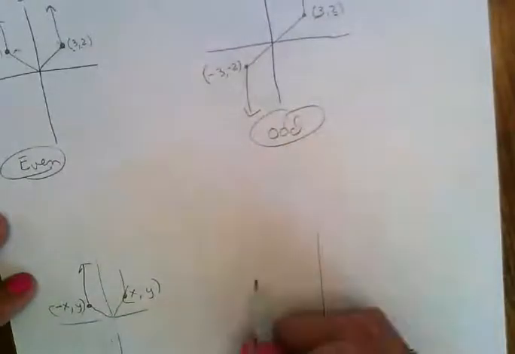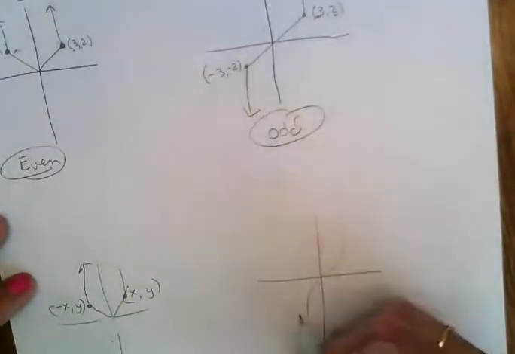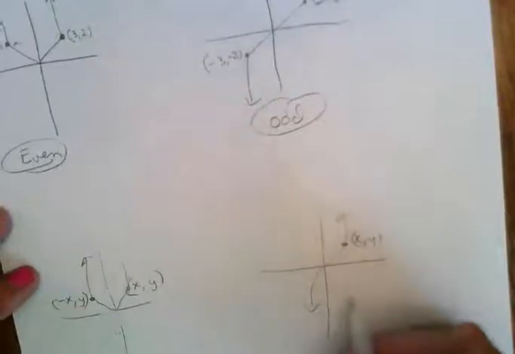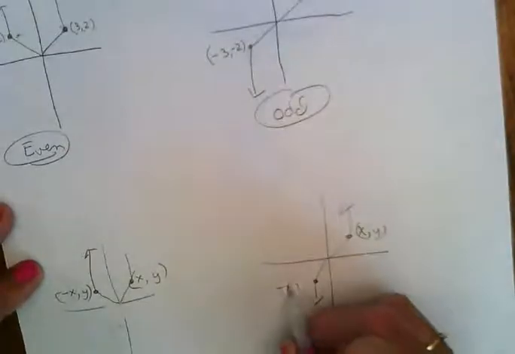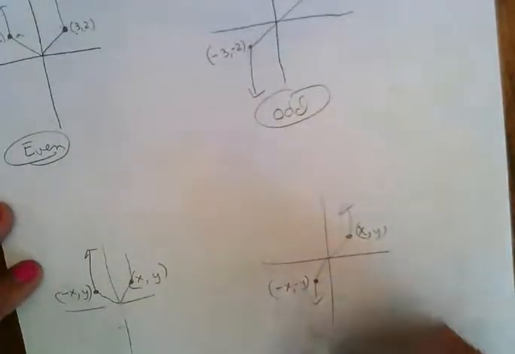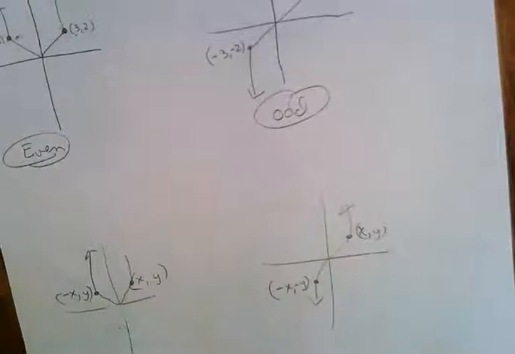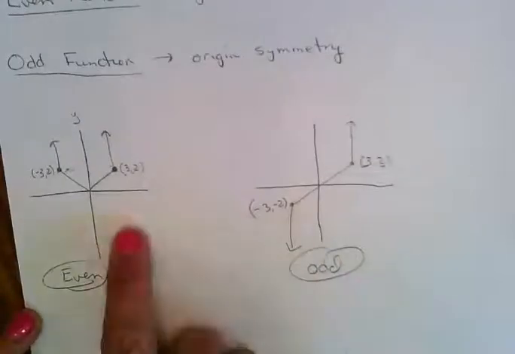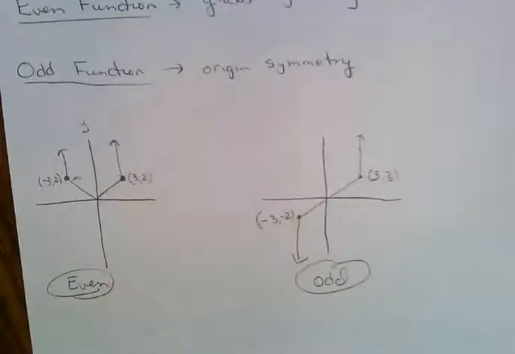If it's going to be odd, whatever your graph looks like, if you have an x, y here, you have to see an opposite of x and an opposite of y. Now, this could be in any quadrant, but we're just saying the negative means opposite of. So odd and even. Okay, this is an odd, that's an even. Okay, so those should be all the attributes that you need to know besides intercepts for the basic functions.